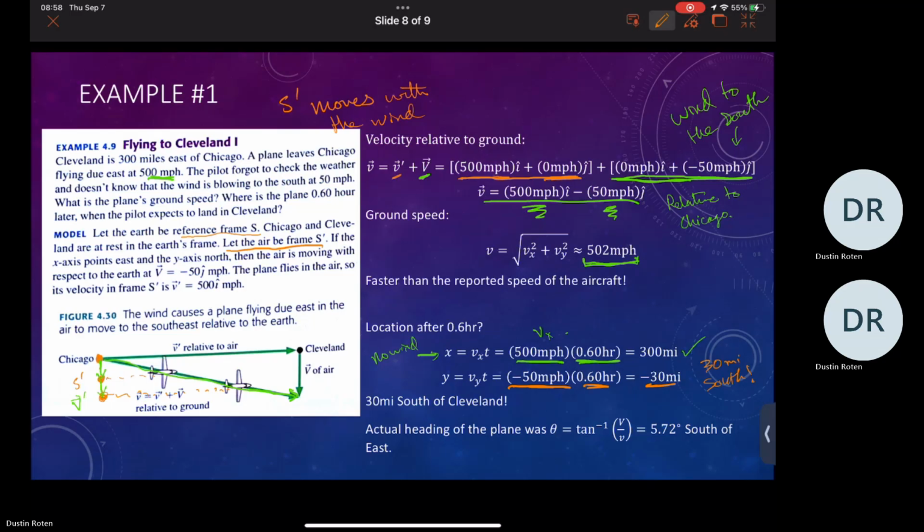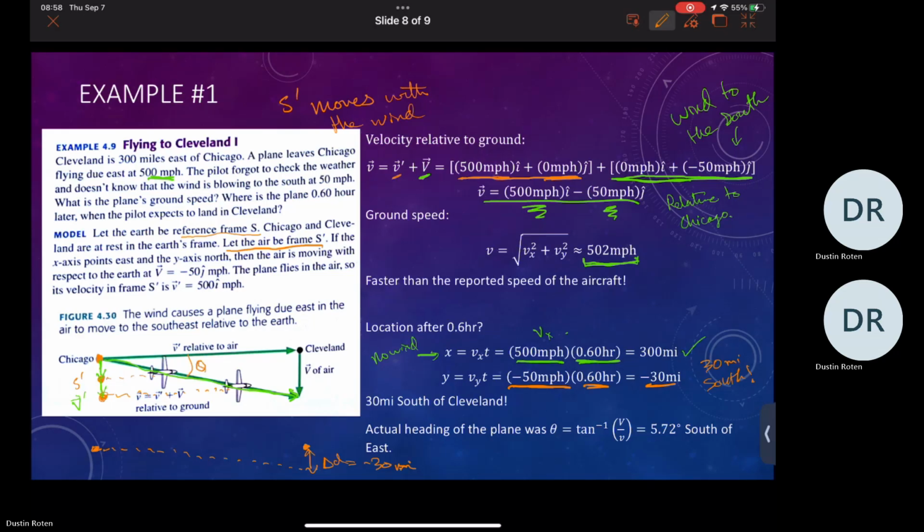So from Chicago to Cleveland, over time, you're going to see a change in distance of negative 30 miles, and that's just coming from the wind from the north.